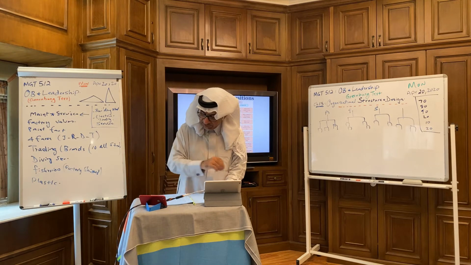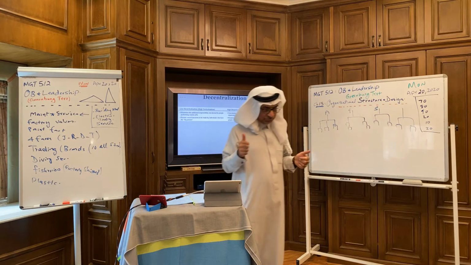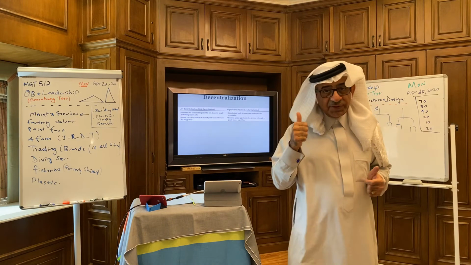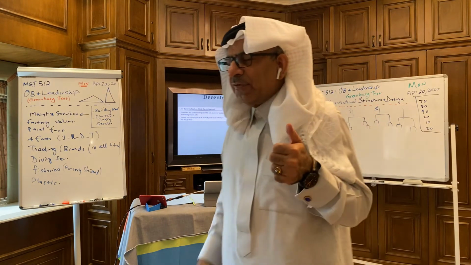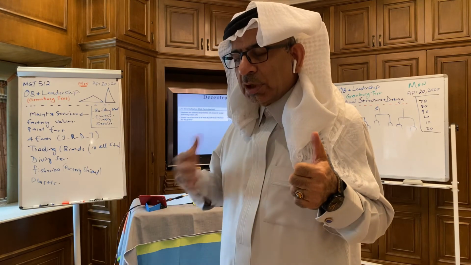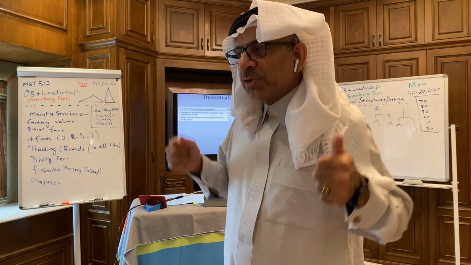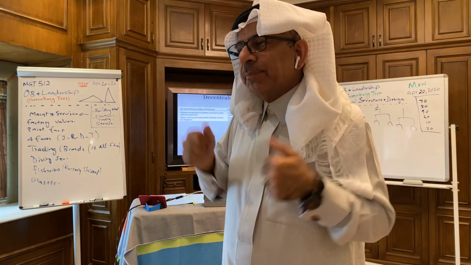Now, decentralization, which is delegating power downward. You delegate. As a rule of thumb, if there is anything you can delegate and you do it yourself, it is a waste of your time.